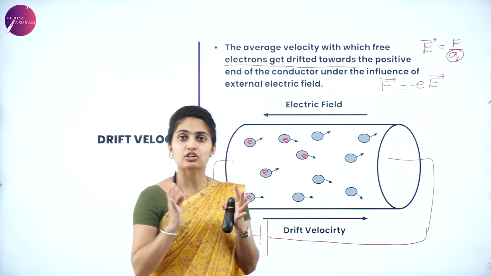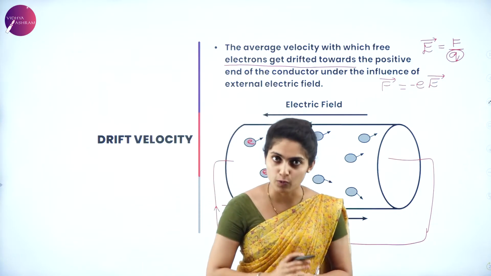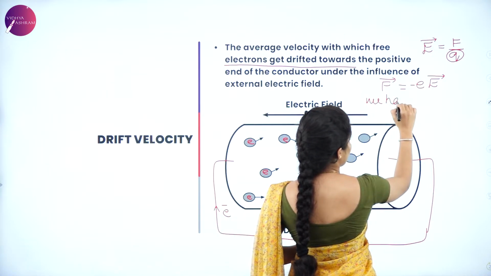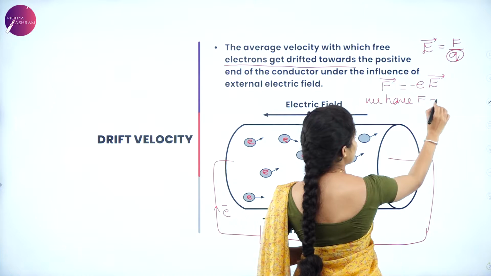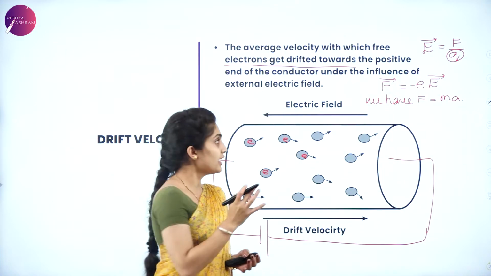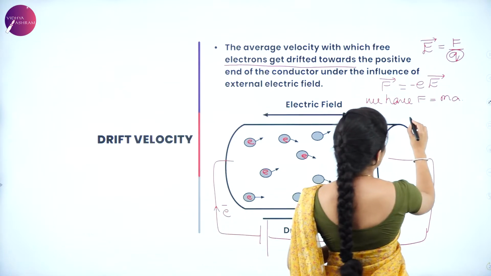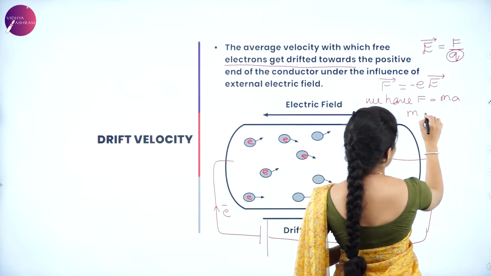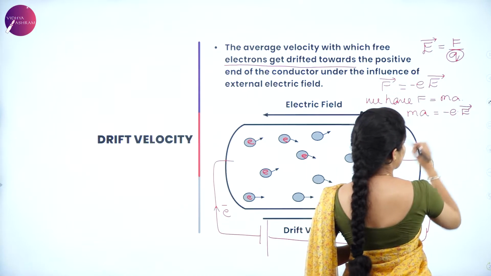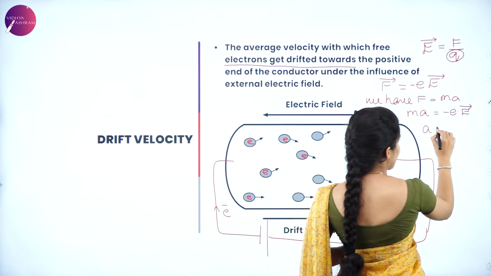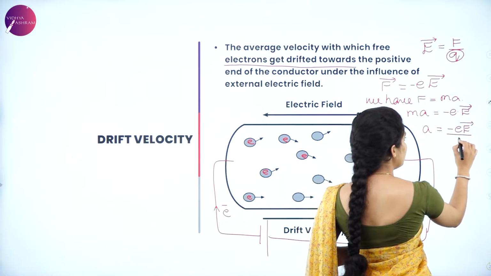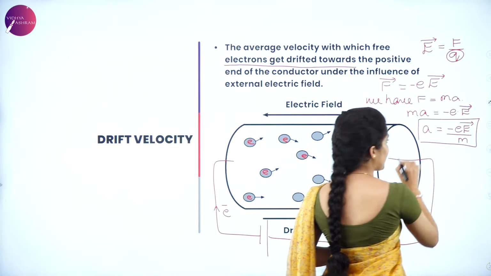If you consider Newton's second law of motion, F is equal to ma. In the place of F, we substitute ma, which is equal to minus e E vector. So you can retain a as acceleration and take m to the denominator.